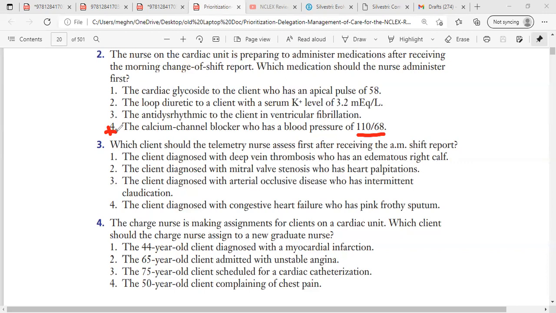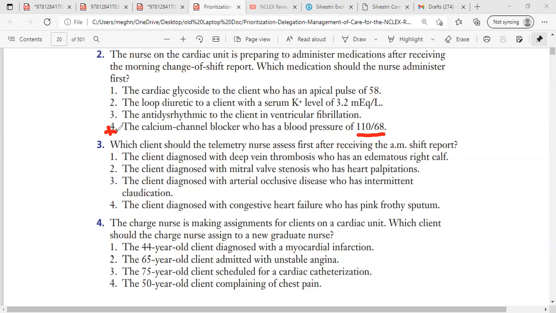The client's blood pressure is above 90/60, so the calcium channel blocker can be administered, but it is not the priority over the client in a life-threatening situation.